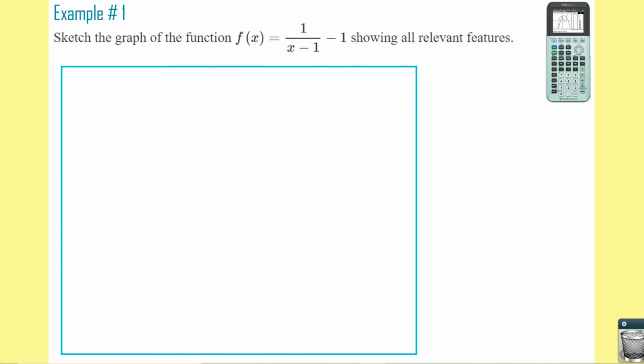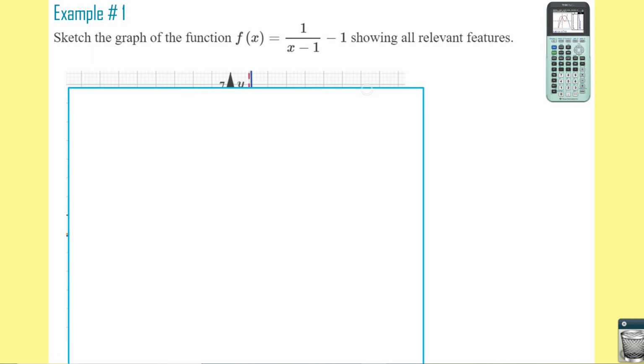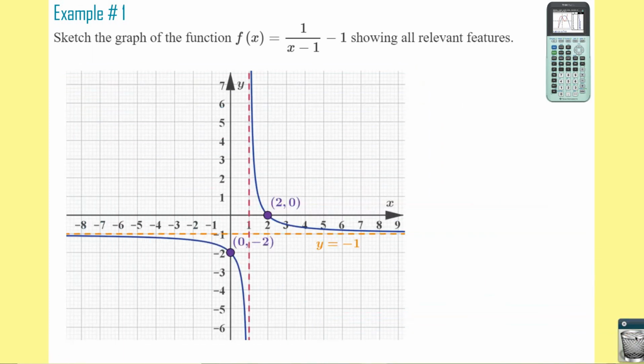Okay, so here we're going to sketch this, and then we're also going to include the asymptotes. Let's see if you can find it. You put it in your graphing calculator, and you should see it approaching these lines. We can do that with the trace function.